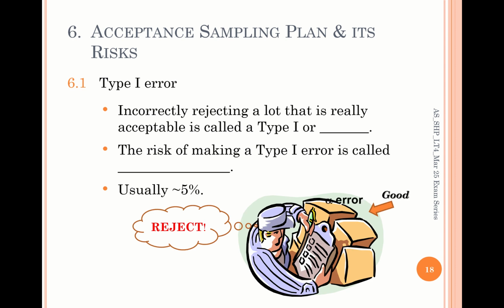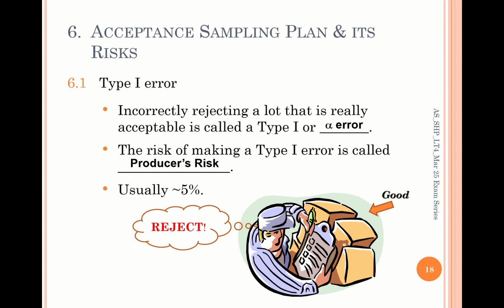What is type 1 error? Incorrectly rejecting a lot that is acceptable. That means you take the sample, you test, it's lousy, and you reject the whole lot. But actually, the rest of the lot is good. This is called type 1, or producer's risk. Usually the risk lies with the manufacturer, because if they reject this good lot, who suffers? The manufacturer. That's why it's always producer's risk.